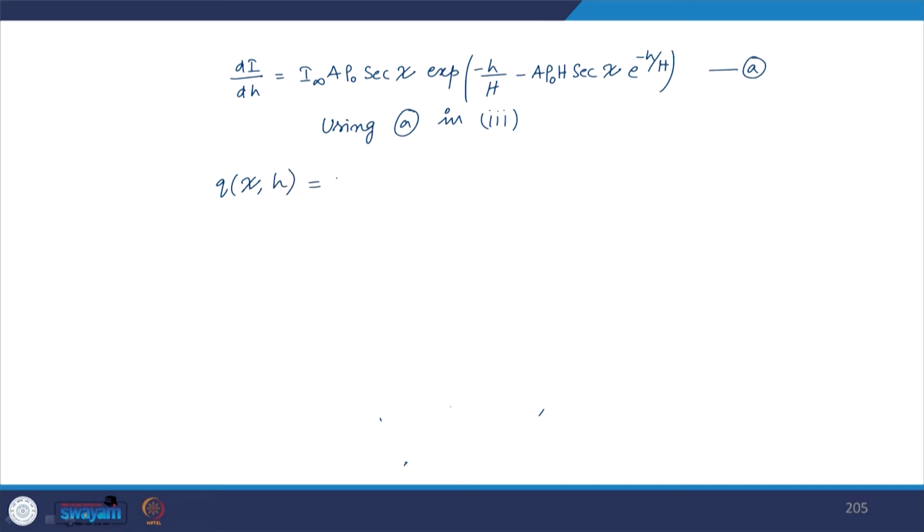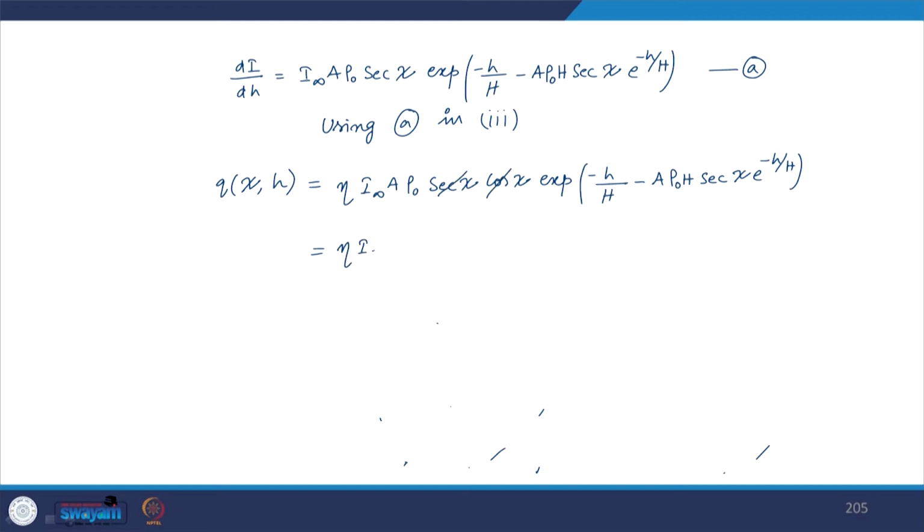So using this expression, we should be able to evaluate the production rate at any height, or at every height, where eta is the number that is produced, a rho naught secant chi cos chi exponential minus h by H minus a rho naught h secant chi exponential minus h by H, which upon simplification this will get cancelled.